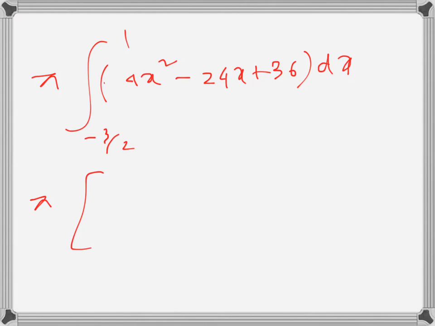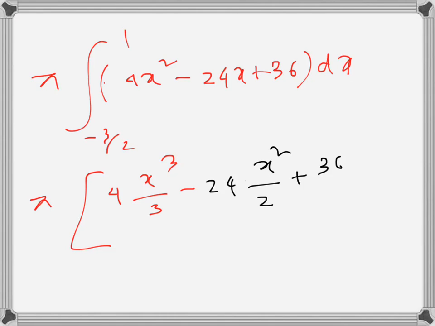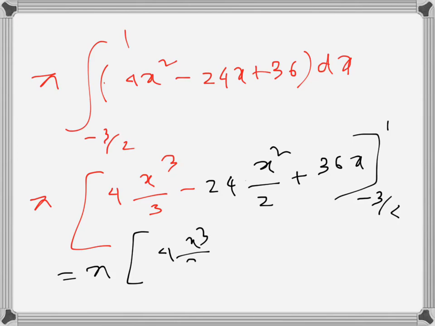So now once it's integrated, it will be 4x cube over 3 minus 24 times x square over 2 plus 36x. It can be written again as 4x cube over 3 minus 12x square plus 36x, between 1 and minus 3 over 2.